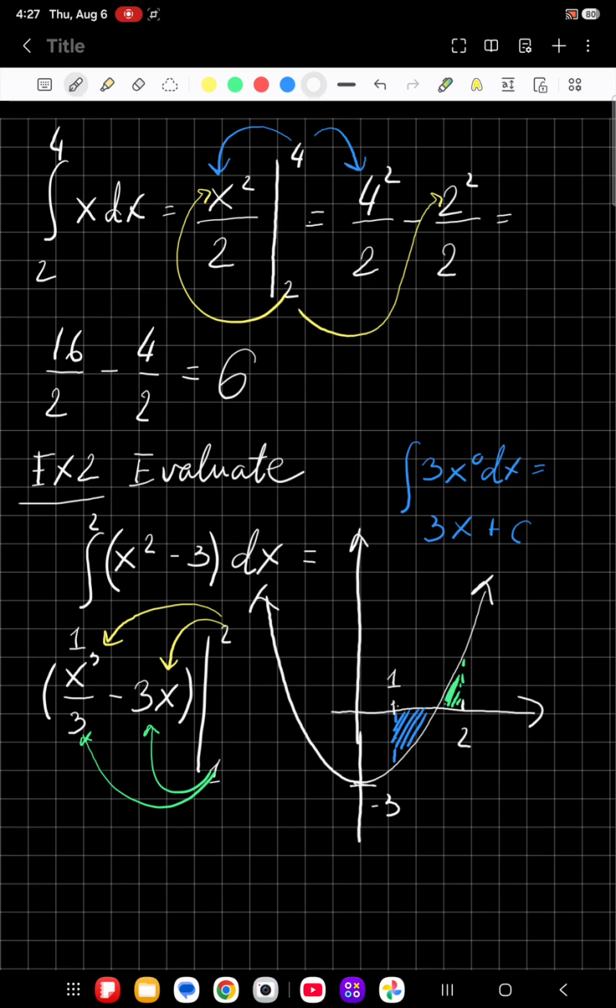So I'll have that first antiderivative, so it's going to be 2 to the third over 3 minus 3 times 2, minus, and now I'm plugging in 1, the green one. So this is the yellow part. Now we'll be doing the green part. So I have x to the third, so that's going to be 1 to the third divided by 3 minus 3 times 1.